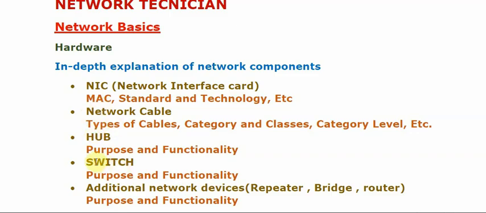We should be able to differentiate between a switch and a router. What is the purpose of a router, and how to use it. All these things we need to learn in depth, because this is the base to implement any kind of network system.